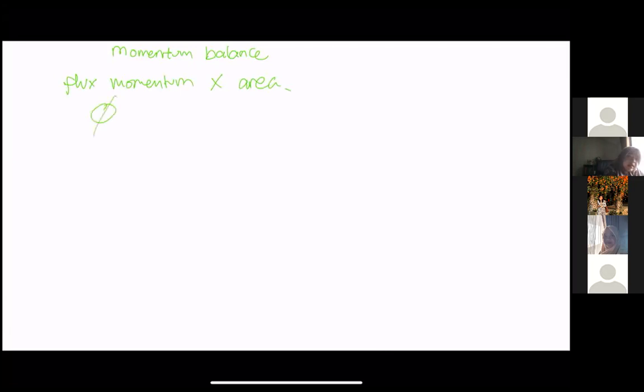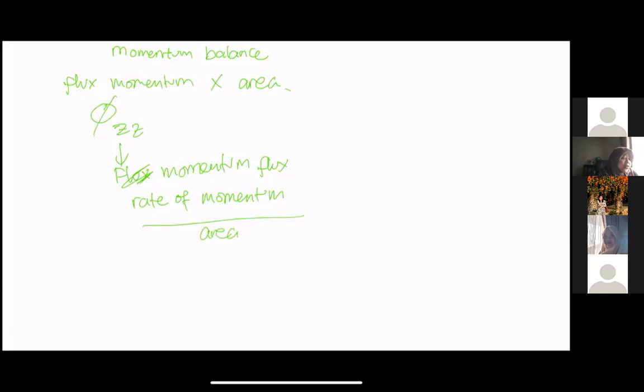Because our C, yeah, CVV, that is actually a momentum flux, and momentum flux is actually the rate of momentum of the fluid divided by area. So if you want to set up the momentum balance, then you have to multiply it with area. Okay, I understand. Thank you.